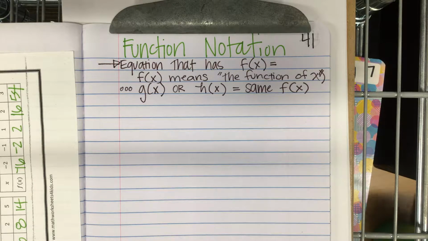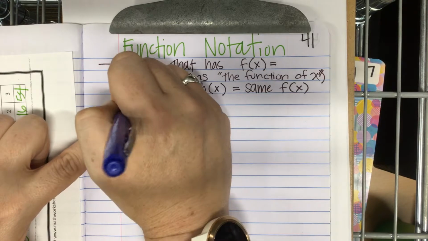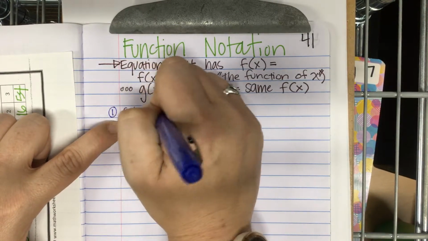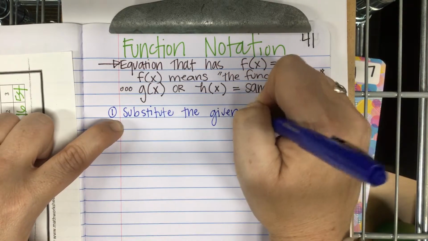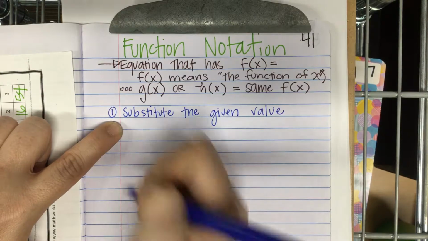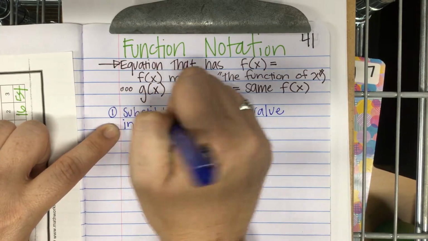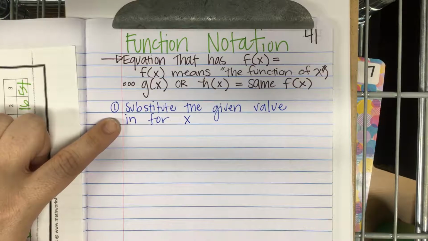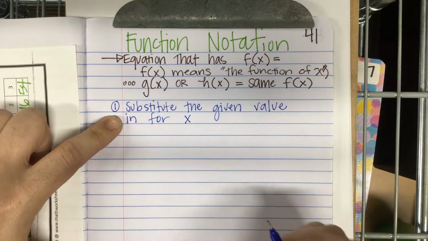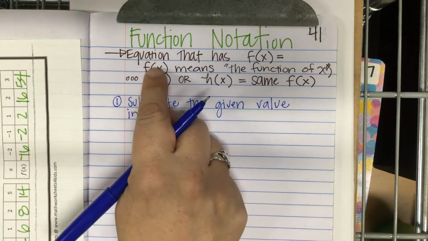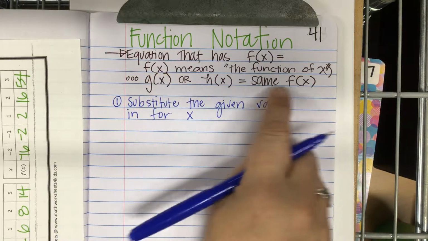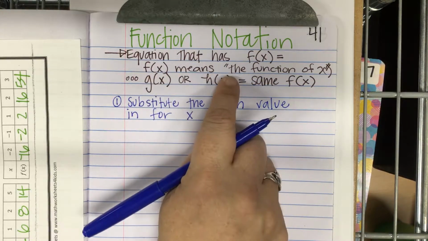So, to do function notation, you substitute the given value in for x. The given value is what goes inside, or what you replace for the x value.